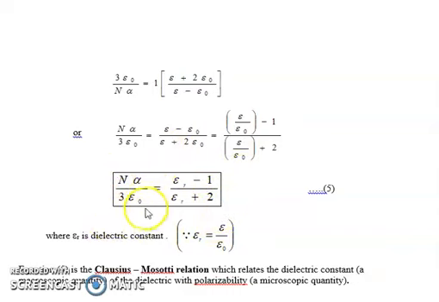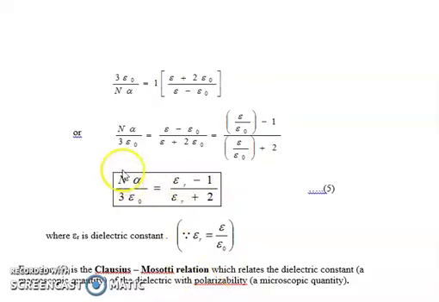What is the peculiarity of this relation? This relation is going to relate two terms: a macroscopic term and a microscopic term. The macroscopic term is nothing but the dielectric constant epsilon r, and the microscopic term is nothing but the polarizability alpha. See, only two variables are here.